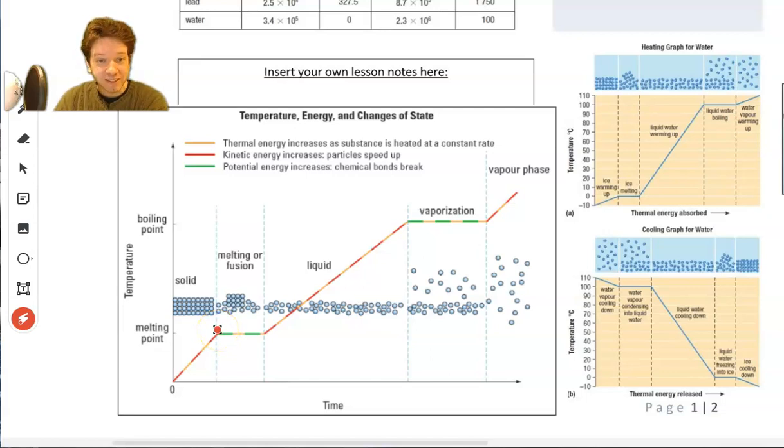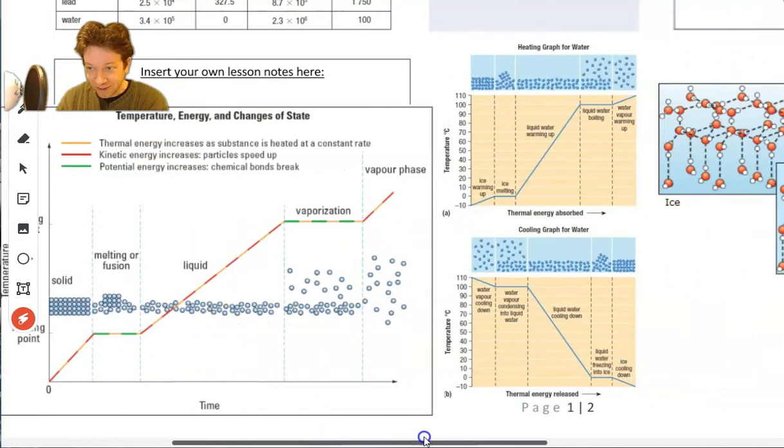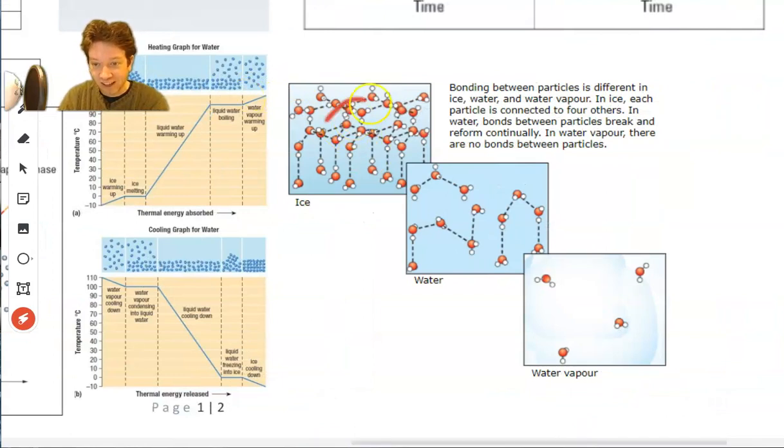Now we're continuing to transfer thermal energy. We're continuing to use a constant power source to heat up the ice, but its temperature isn't increasing anymore. So where's all that energy going? Where it's going is into breaking the chemical bonds. So from being a solid, which would look something more like this over here, lots of bonds, to breaking a bunch of them to turn it into a liquid.